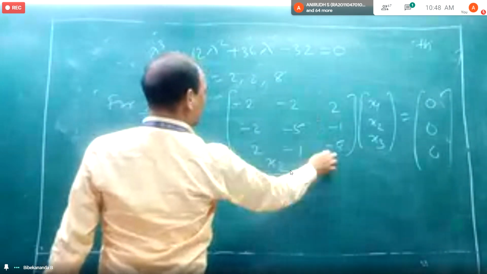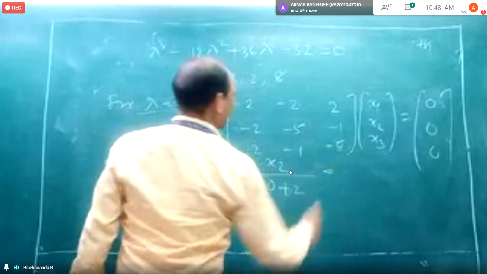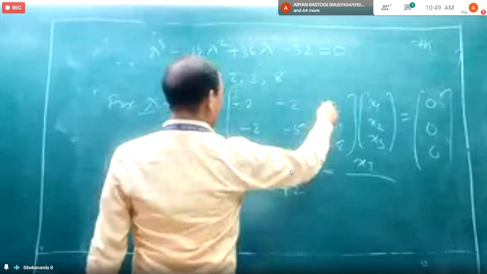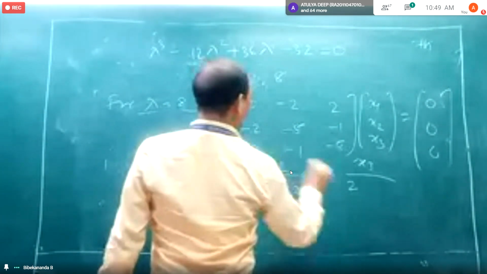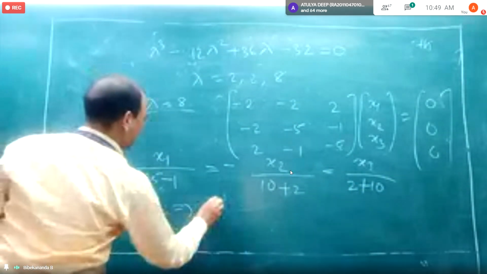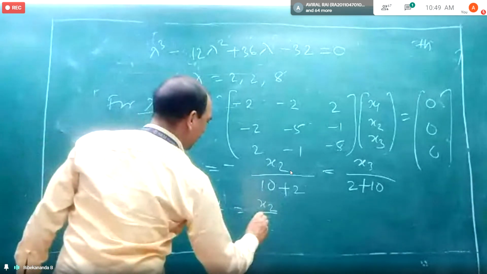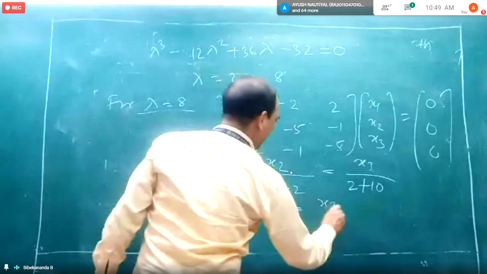So this is plus 10 and this is plus 2, is equal to x3 by this position, which means 2 and plus 10. So finally, what is the value you are getting? x1 by 24 is equal to x2 by minus 12 is equal to x3 by 12.